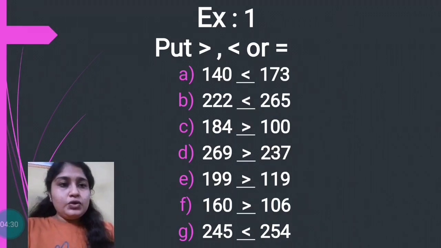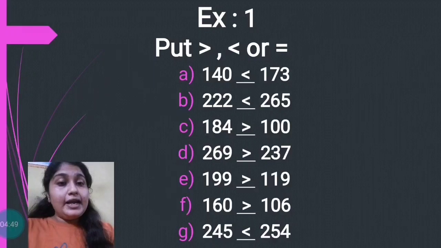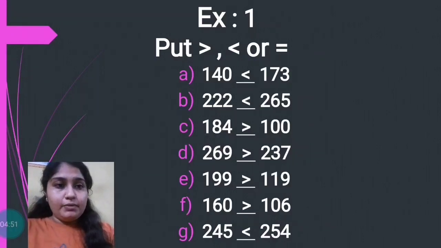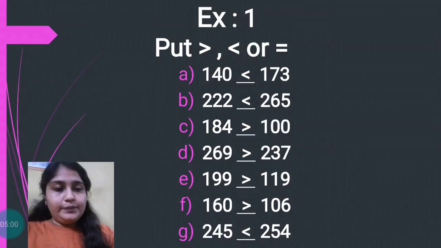D, 269 and 237. Okay, so 269 237 से बड़ा है. E, 199 and 119. Here students, the numbers are different. Don't get confused. 199 and 119 दोनों different numbers हैं. So 199 119 से बड़ा है. So 199 is greater than 119.